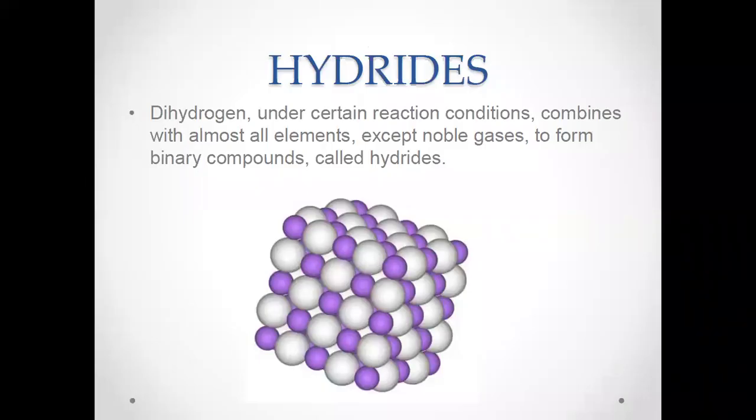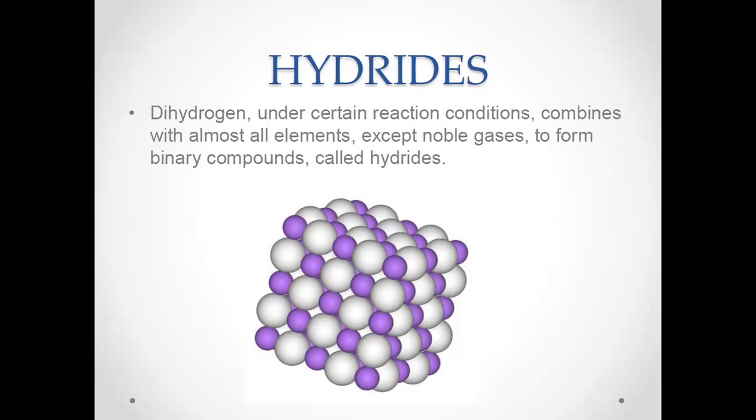Let's talk about the hydrides. What are hydrides? Whenever hydrogen combines with other elements under normal conditions, it can form hydrides, except with noble gases. It can combine with each and every element present in the periodic table, wherever any element is in the atmosphere or on Earth.